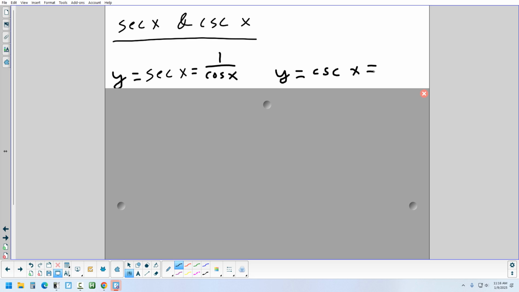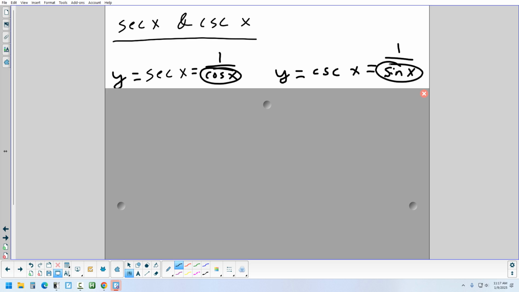And cosecant is the reciprocal of which function? Sine. Now, think about cosine and sine. Do they ever cross the x-axis? Yes. Yeah, this is the basic one. Yeah, they do cross the x-axis.